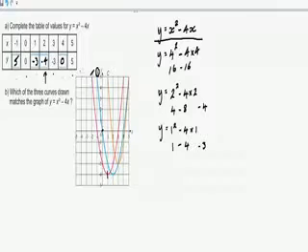Now let's just check it again. So x is 3, y is -3. Okay. Now, coincidentally, both lines hit that point as well.